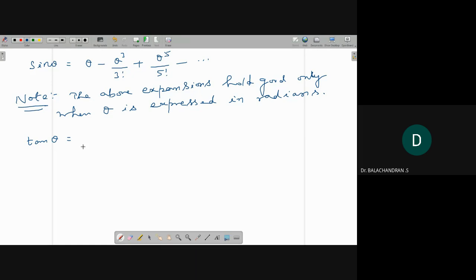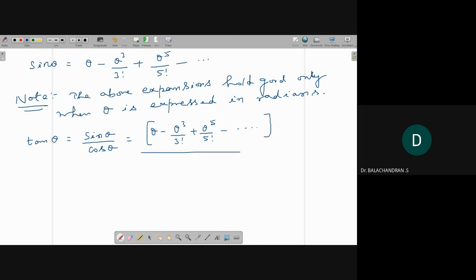Now, tan theta equals sin theta divided by cos theta. So what is sin theta? Sin theta expansion is theta minus theta cube by 3 factorial plus theta power 5 by 5 factorial minus and so on.